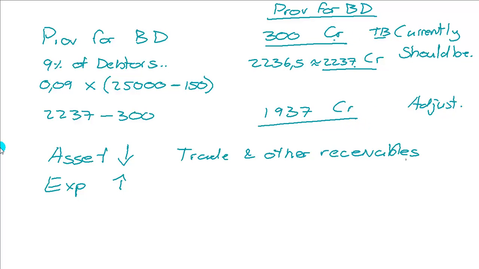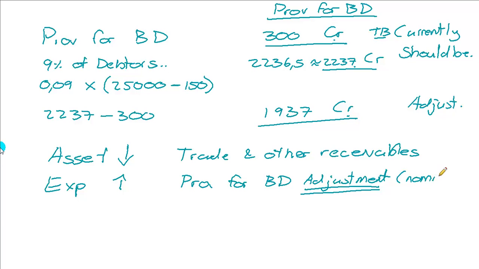The account debited, remember, for every credit there needs to be a debit, is going to be provision for bad debts adjustment. Alright, important that you remember the word adjustment, because this word adjustment makes it a nominal account. If there's no adjustment here, that's going to be a balance sheet account, and that's going to decrease the value of my trade debtors. So don't confuse these two accounts.